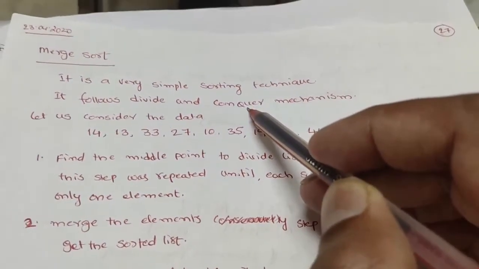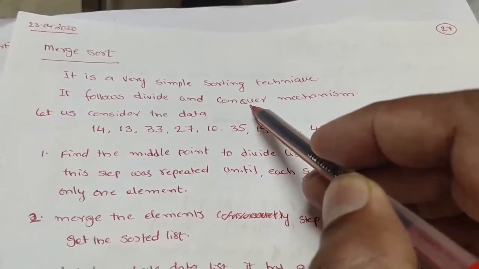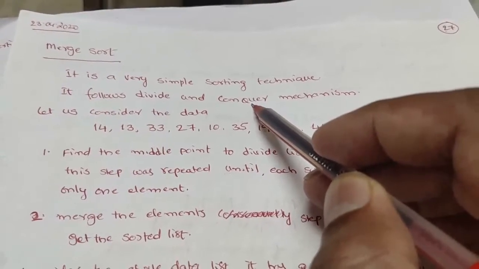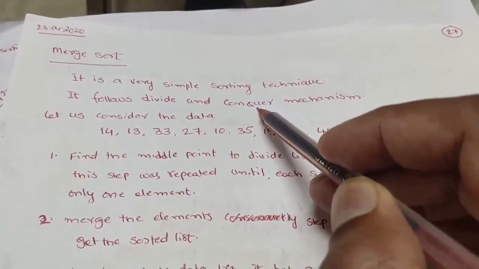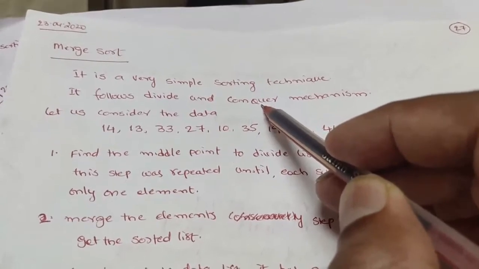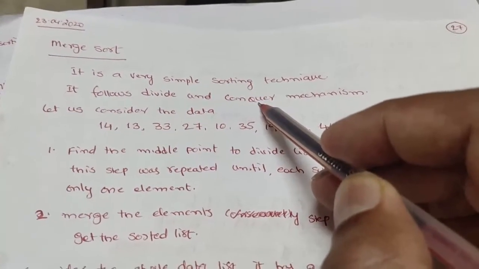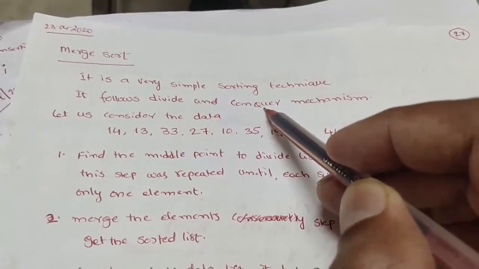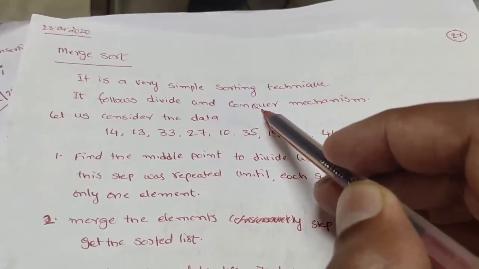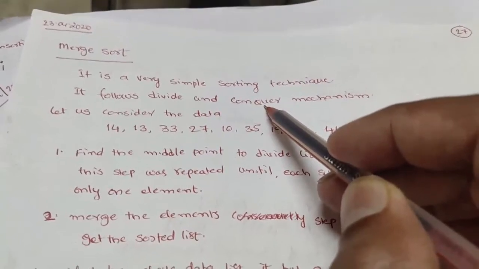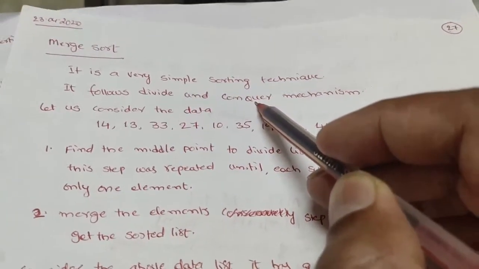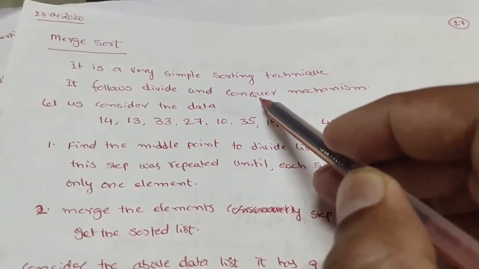So first, division means we subdivide a big problem into smaller chunks or parts. Conquer means we combine the solutions which we get for the smaller problems. By combining all the solutions, we get the solution to the main problem or the big problem.